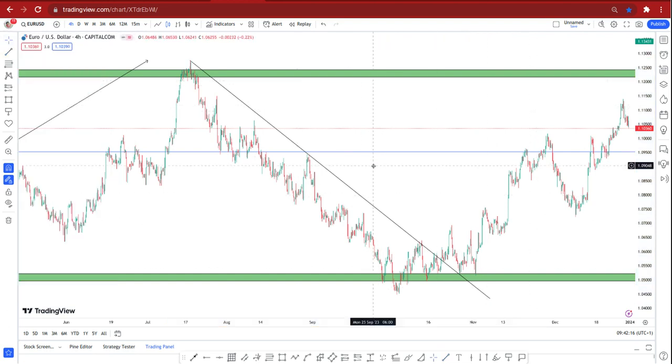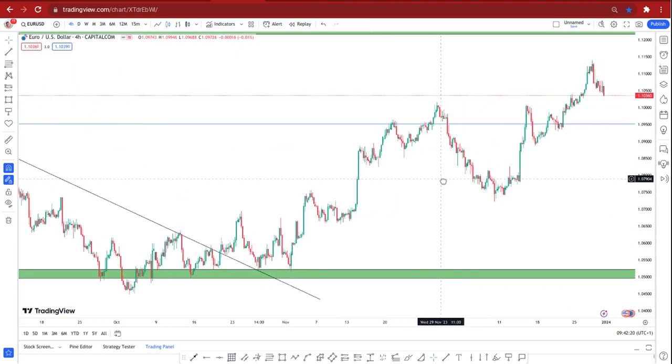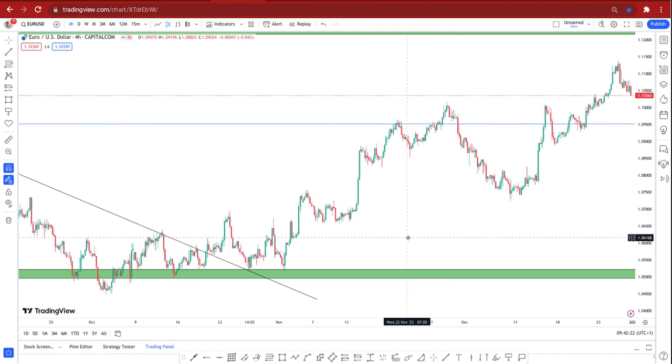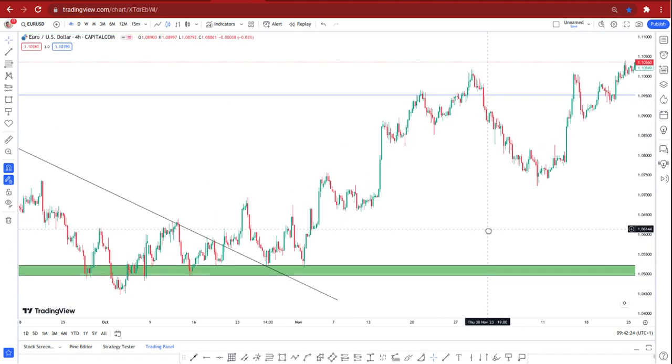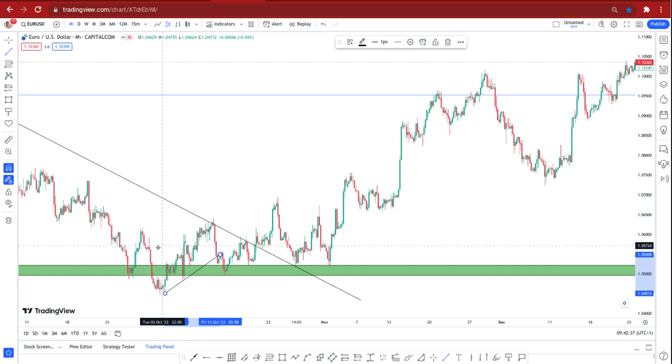Okay, so what are my buy setups? My buy setups are impulse and corrections, still the same. So did I see any impulse and correction? No. What am I seeing in this zone? I'm only seeing some kind of ascending channel here.